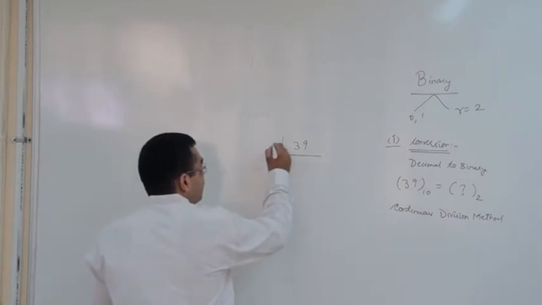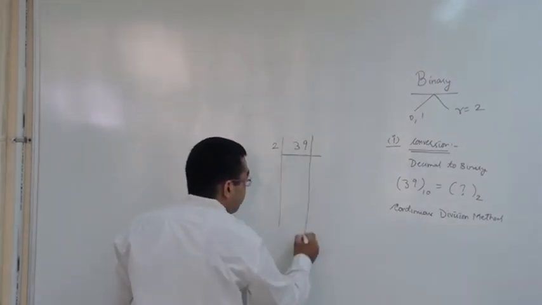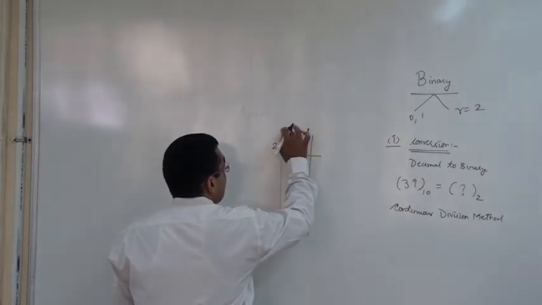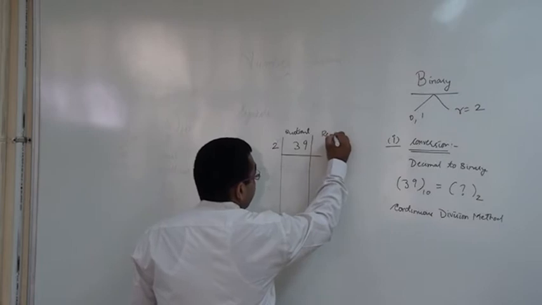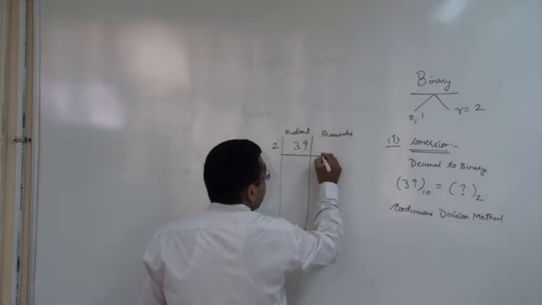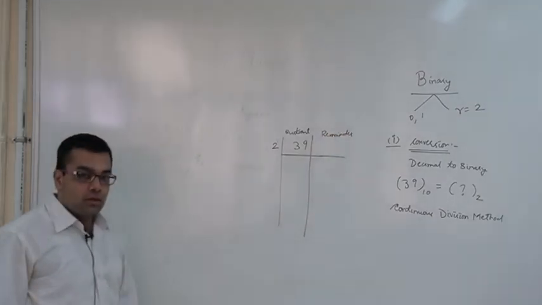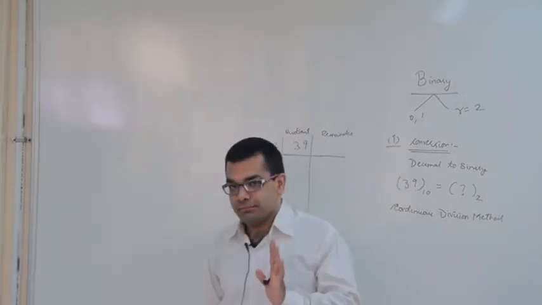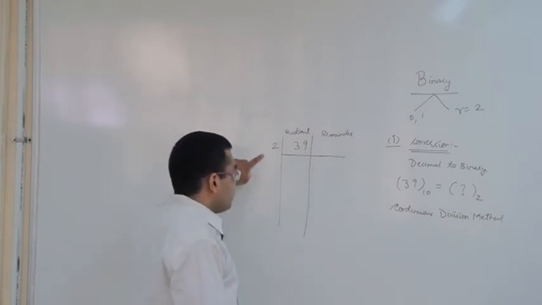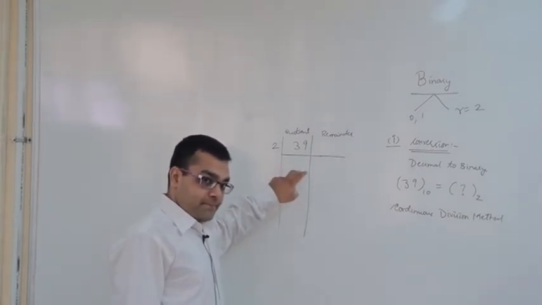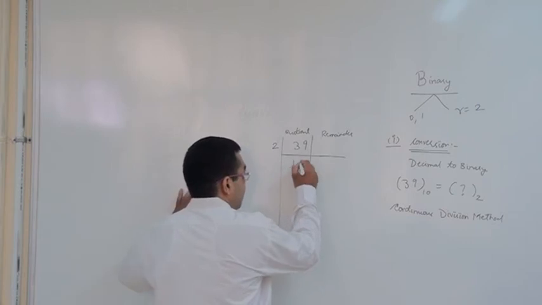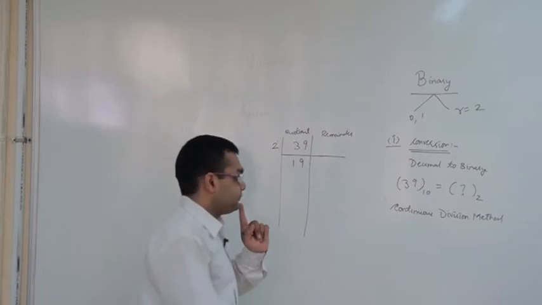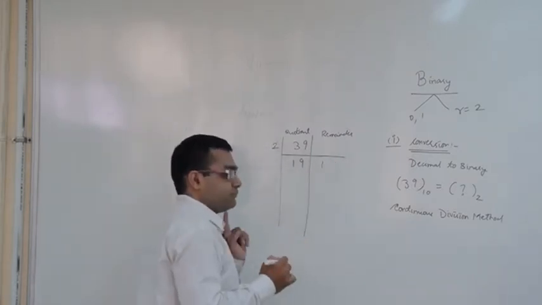So first of all, we divide 39 by 2, we'll have the quotient and the remainder over here. We have to divide it till the stage where it gets completely divisible. So 2 dividing 39, our quotient is 19, remainder is 1, so we write it over here.